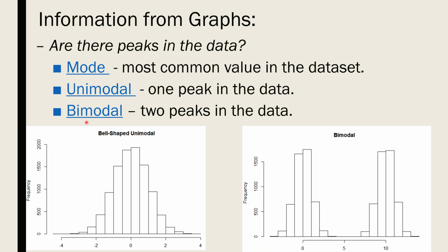We call it bimodal if there are two peaks in the data. This graph is an example of a bell-shaped unimodal. This is an example of a bimodal. Later on, I will explain what is bell-shaped.